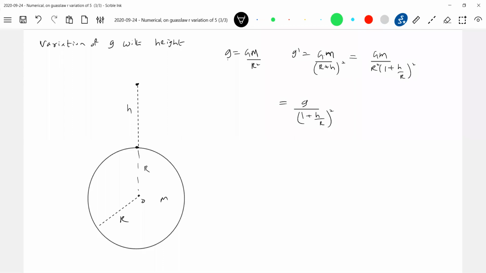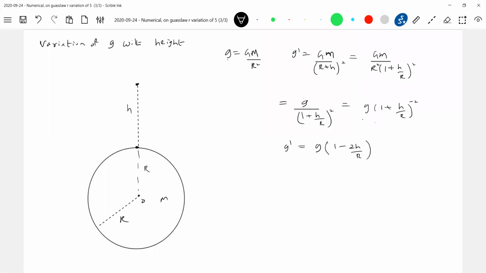Usually h will be less than R. So from binomial expansion, this will become 1 minus 2h by R. Higher order terms you can neglect. So this is the expression for acceleration due to gravity at height h.